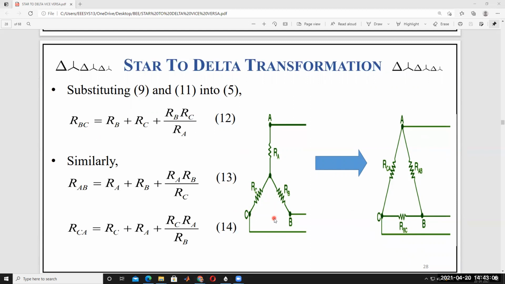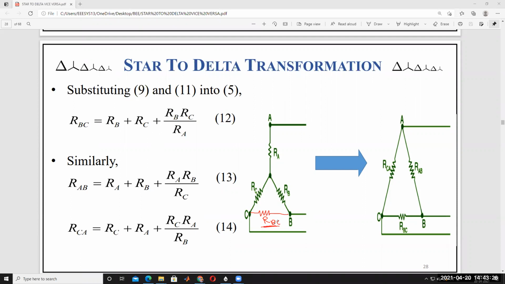Try to concentrate here. What is the resistance between these two? This is called the star network, and this is called the delta network. This is the resistance RBC here.